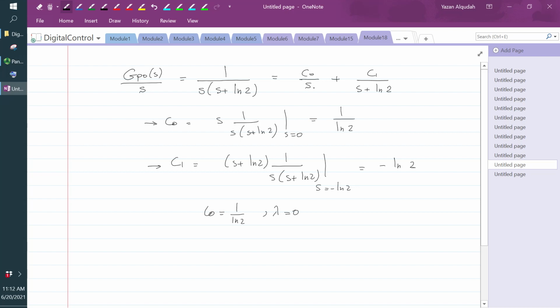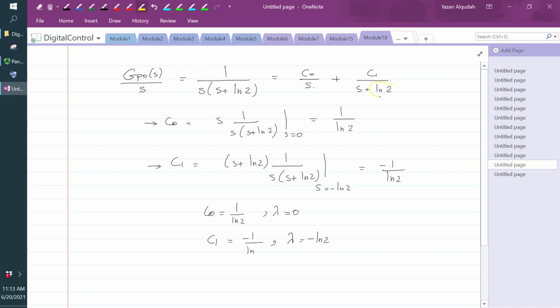Here the pole is 0. And then I have C1 equal to negative natural log of 2. Oh, sorry, negative 1 over natural log of 2. I made a mistake here. Negative 1 over natural log of 2. And this is associated with lambda equal to negative natural log of 2.